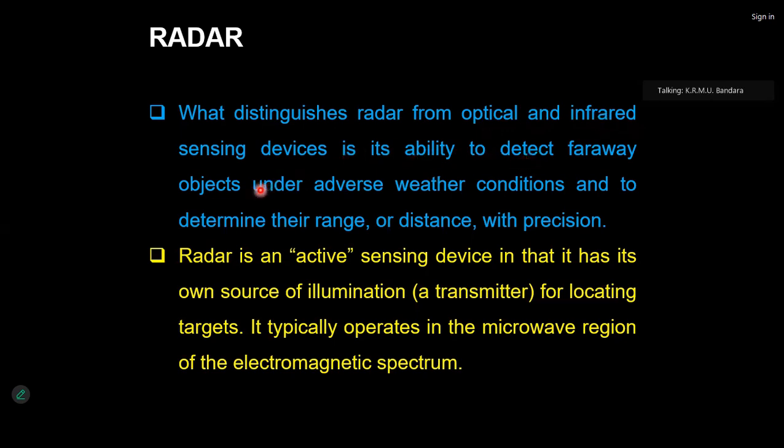What is the difference? Radar, unlike optical and infrared, has the ability to detect objects far away under any weather condition and to determine their range, distance, with precision. Very accurate distances can be measured using this.